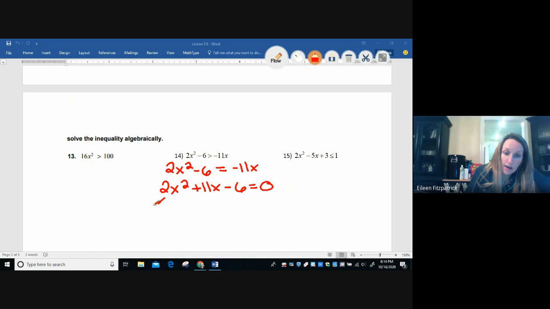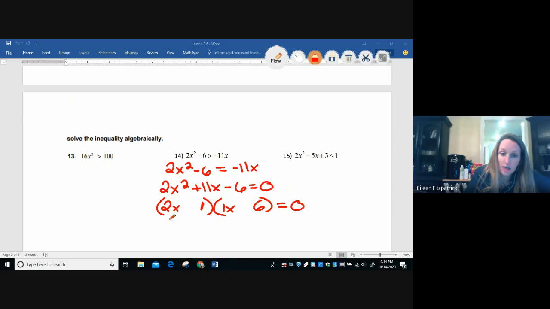So there's no GCF. I'm going to have to do some guess and check, unfoil it, right? Reverse foil. Two numbers that multiply to 2x squared are 2x and 1x. Two numbers that multiply to 6, well, it could be a 6 and a 1, right? I could have a 6 here, a 1 there, or maybe a 1 here and a 6 there. It could be a 2 and a 3, or a 3 and a 2. So that's where the guess and check comes into play. I'm going to put the 1 and the 6.